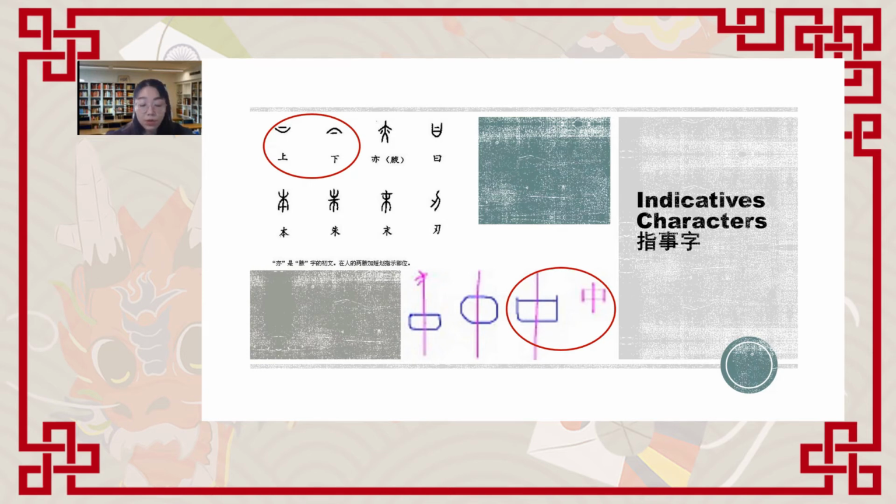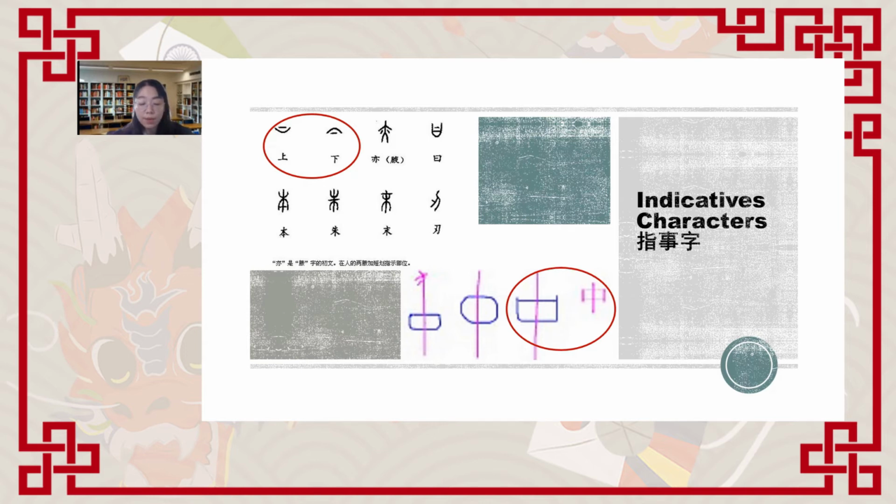Use a point or a short line on the horizontal position to indicate the position above, and write it as shang, which means up, and the symbol xia under the horizontal line means down in Chinese. So place a square at the center of the vertical line, and zhong means middle in Chinese.